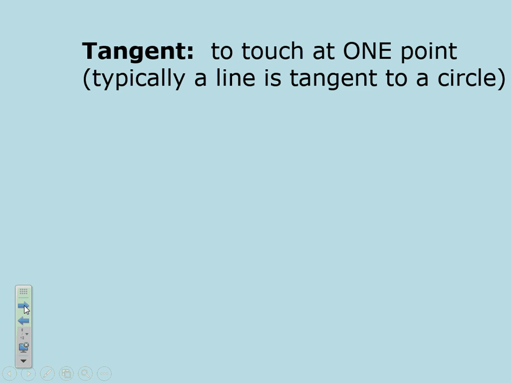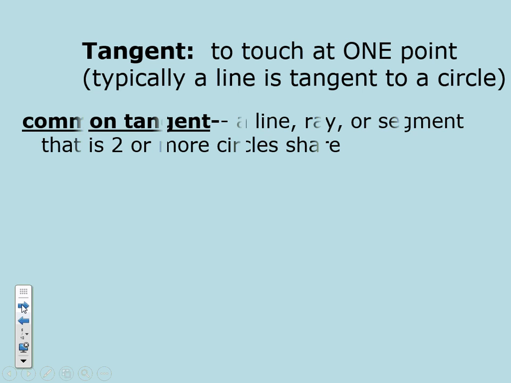Tangent, to touch at one point. It's really important, only at one point. Typically a line is a tangent to a circle, so we're going to talk a lot about that. Now, a common tangent is a line, ray, or segment that two or more circles share.